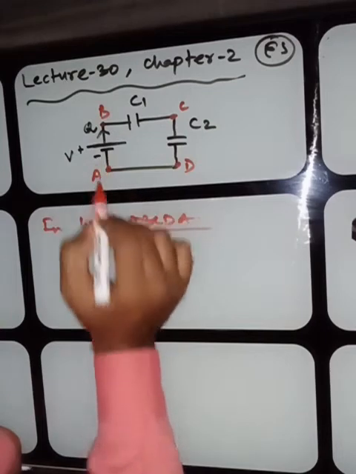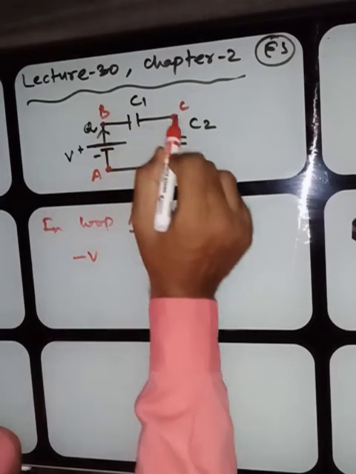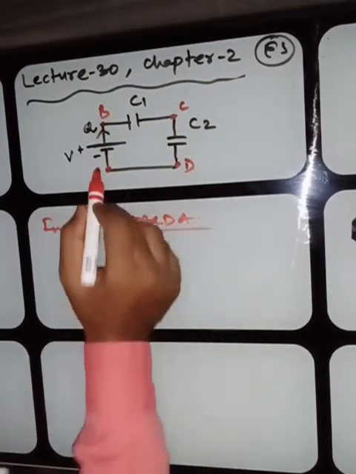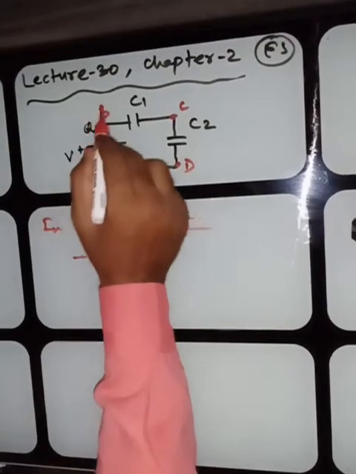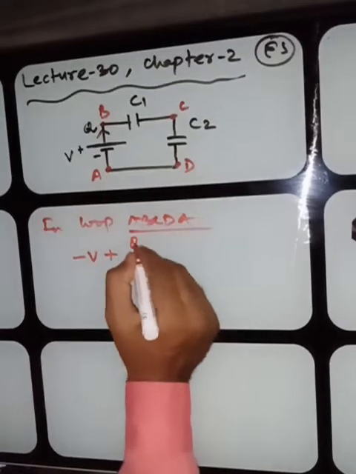You first meet the negative terminal of the battery, so minus V. Why? Because we are going in the direction of, or with, the flow of charge.